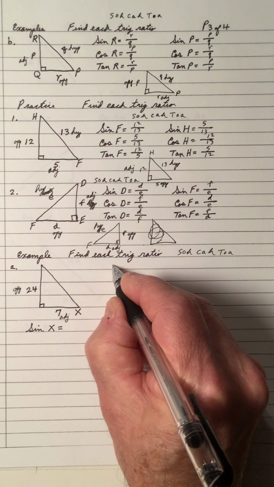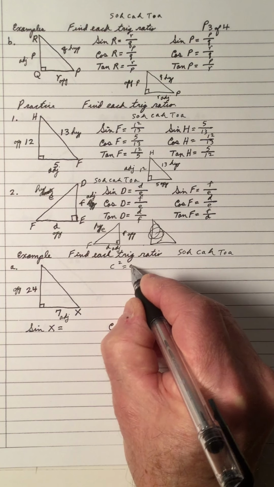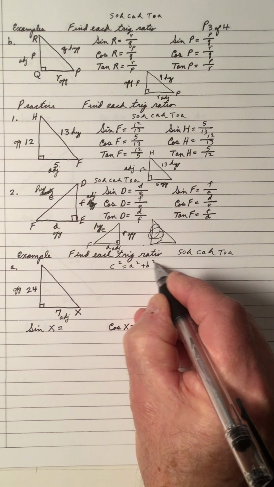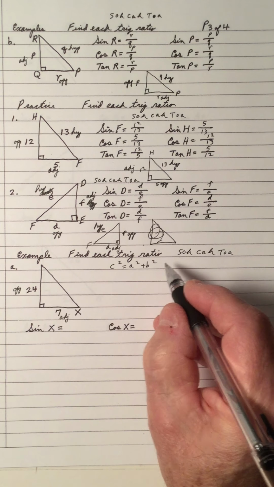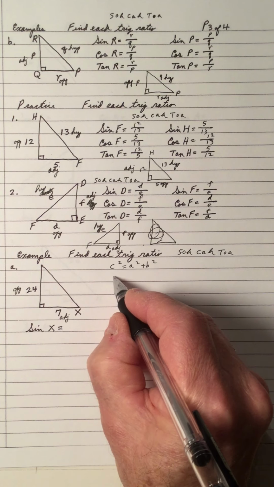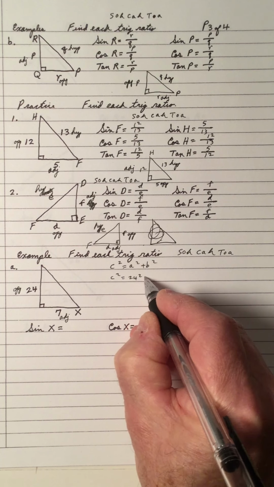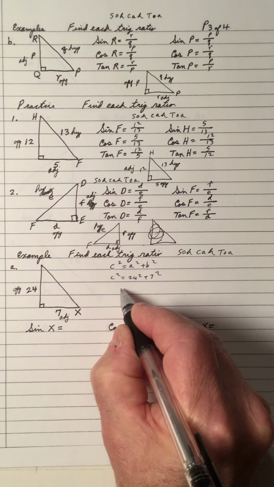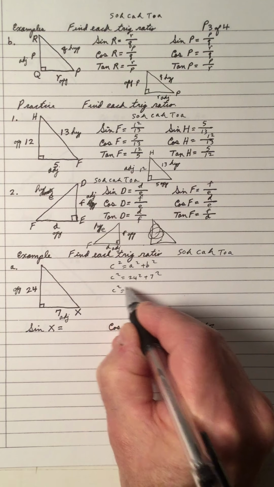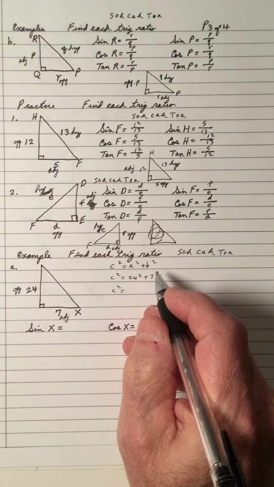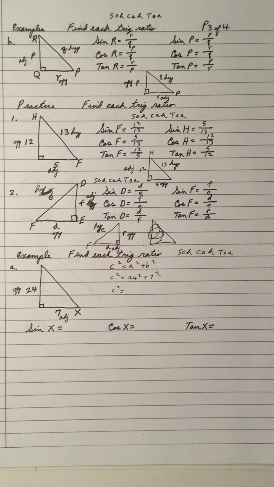So in a right triangle, C squared equals A squared plus B squared. C is the hypotenuse, so I don't have a hypotenuse. So I have a 24 and I have a 7. So C squared, and 24 squared is, let's see, pick up a calculator here.